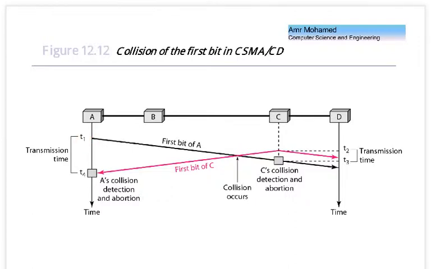Based on the persistence policy, it accesses the channel. So now at T1, the node accesses the channel. As we said before, node B will sense that there is a transmission on the medium at this point in time.